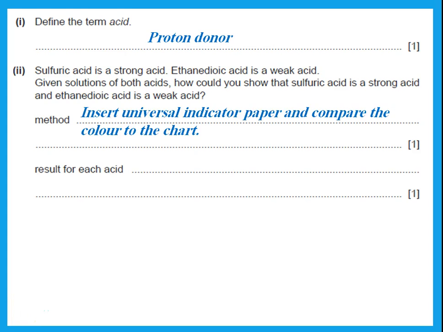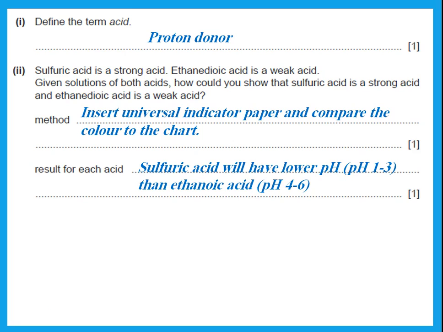What we do is insert universal indicator paper and compare the color obtained to the chart. The strong acid will have a lower pH, or you could say it will give a red color, while ethanedioic acid, which is weak, should give a pH of 4 to 6, or yellow or orange. Okay?